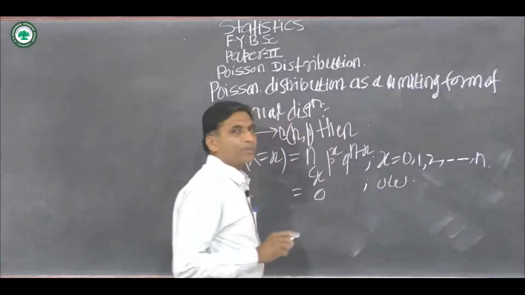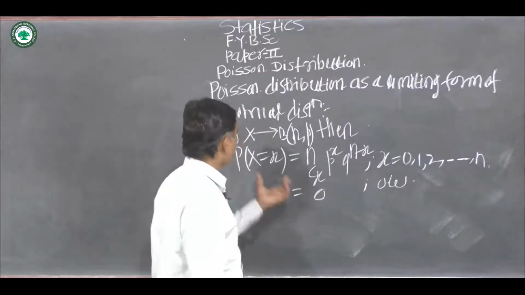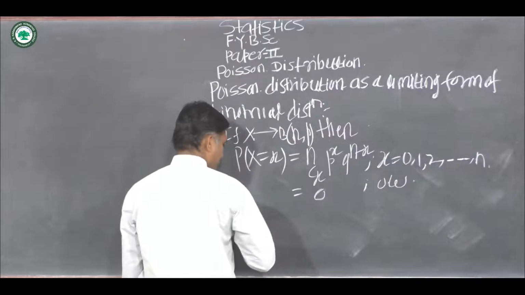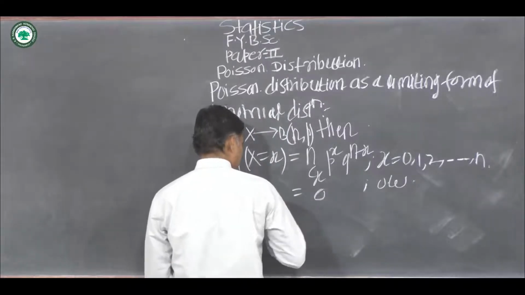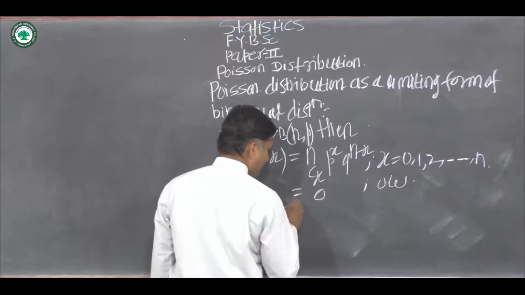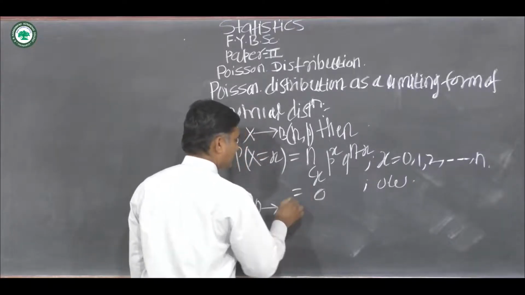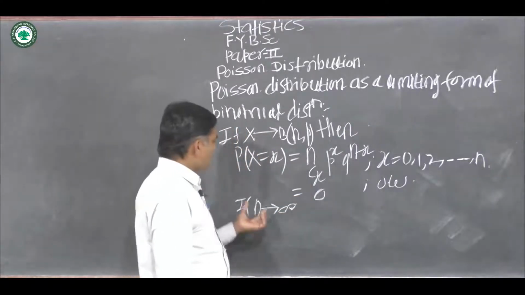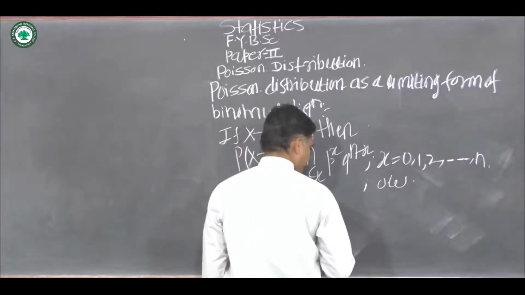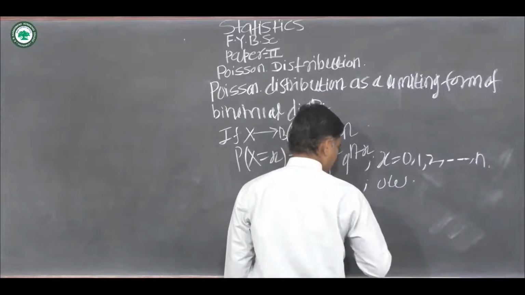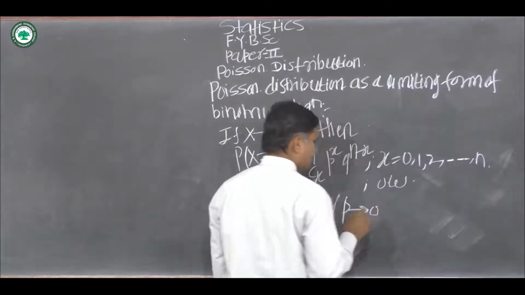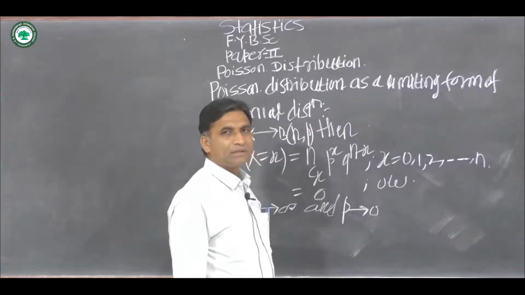This is the probability mass function of binomial distribution. If parameter n is large, that is n tends to infinity, meaning the value of n is as large as possible, and this parameter p tends to 0, that is the value of p is very small.